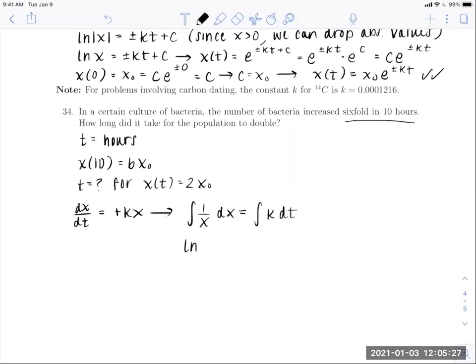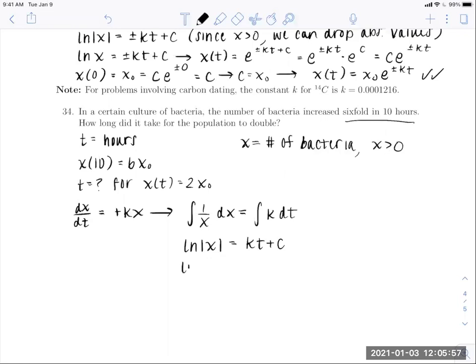So the natural log of the absolute value of x is kt plus c. Now here, since x is representing the number of bacteria, you can't have a negative number of bacteria. So we know that x is always, well, it could equal 0. I'll say greater than or equal to 0. But in fact, since it's growing, it's not going to be 0. So I guess I'll take away that equality.